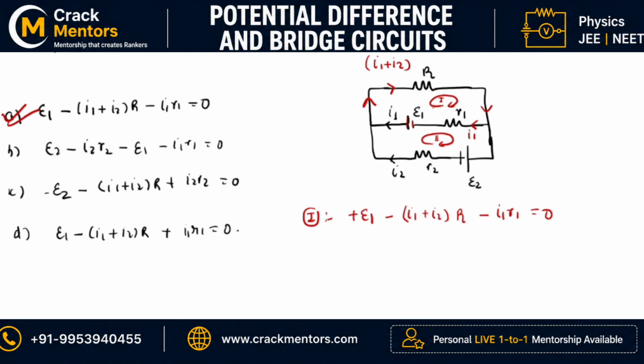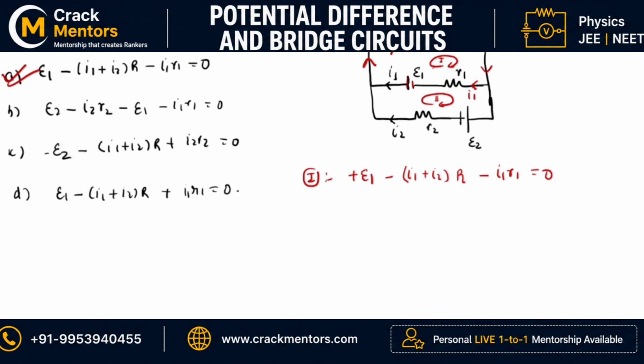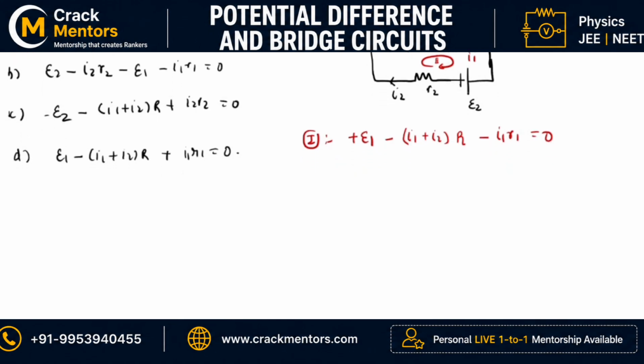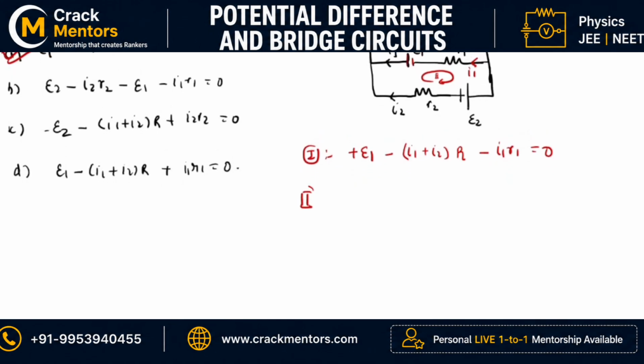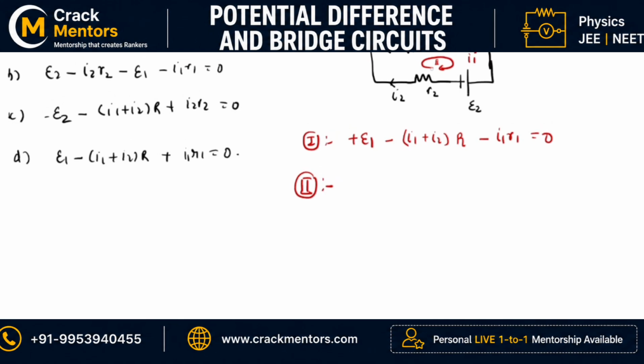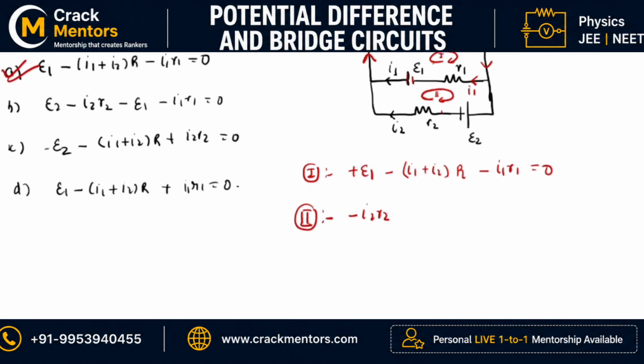But still, let us do it for the second one. After this I will teach you one more thing. So let us talk about the second loop. The second loop is something like this. I am going here like this. Let's begin here itself. I am going in the same direction as the current I2 for R2, so minus I2 R2. Then you are going from the positive terminal of the cell to the negative terminal, so minus E1.